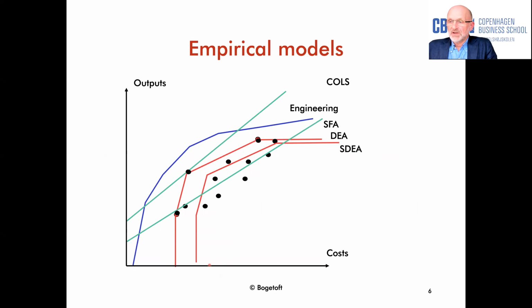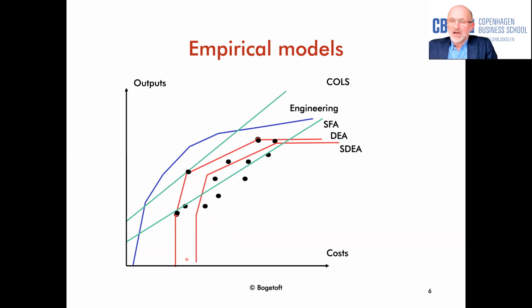So just to illustrate, in reality, we don't know what the relationship is between inputs, represented here with a single input, namely cost, and outputs, represented again here in terms of just one output. The only thing we know is that we have some firms represented by the black dots that have produced certain outputs, like here, with certain inputs, like here.